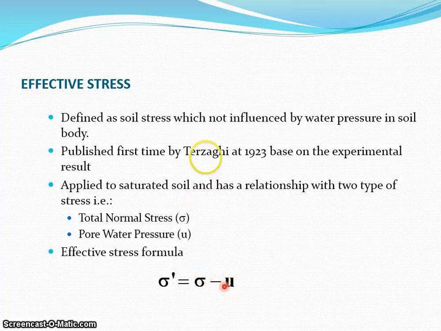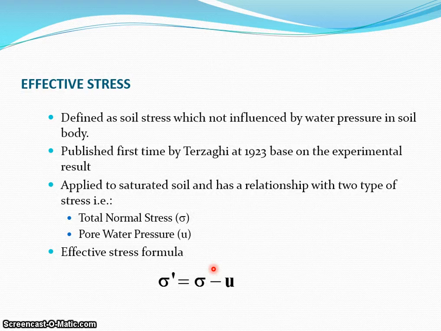Terzaghi, a researcher of soil in the early 20th century, did experiments and assumed that it is much easier to define the effective stress in soil by subtracting the pore water pressure from the total stress.